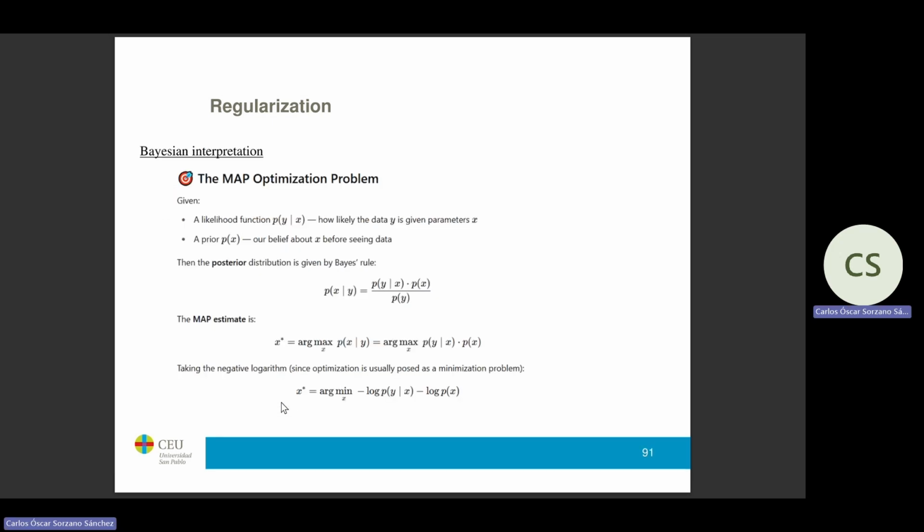Okay. And there is also a very nice interpretation of the regularization as a maximum a posteriori problem. This comes from Bayesian statistics. Let's say that in your X and Y space, X is your parameters. In the regression problem these are the betas, and Y is the set of observations.